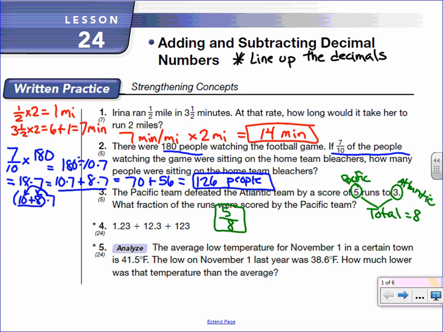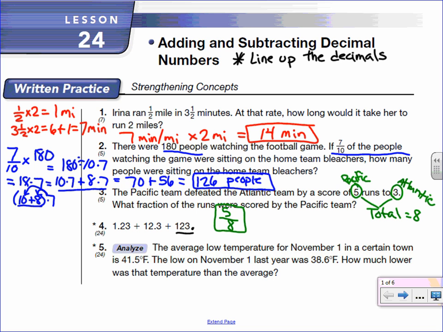In number 4, we actually get to test our skills at adding and subtracting decimal numbers. And remember, we need to line up the decimals. So no matter where the decimal is, it gets lined up. So things might be off a little bit. And the thing to remember too is if you don't see a decimal point, like in 123, it's at the far right-hand side after the last number.